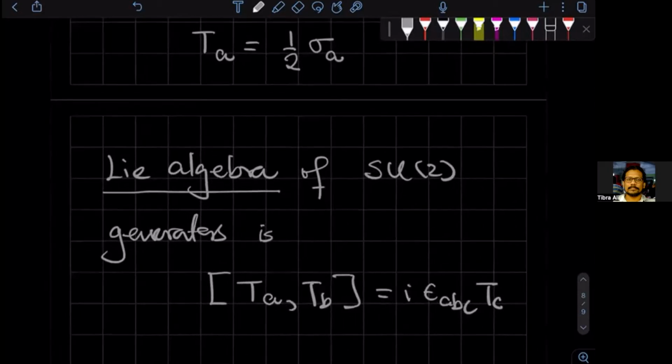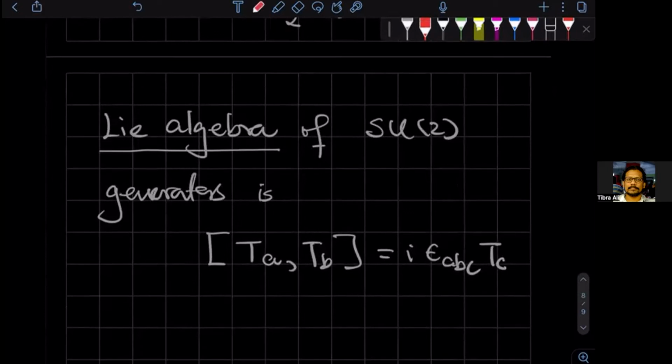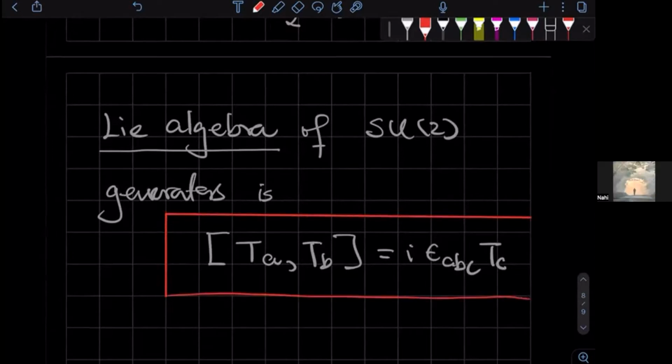Now, have you seen this algebra before somewhere? Angular momentum. Angular momentum. Anyone else? Didn't we have something similar a few classes ago with the J matrices? Exactly.